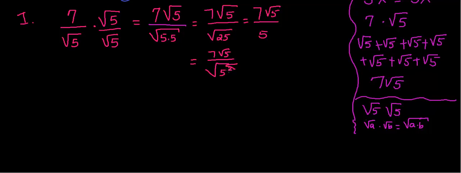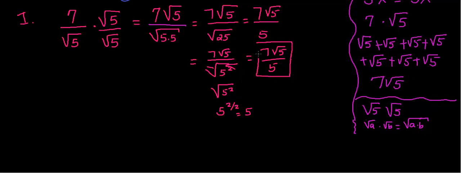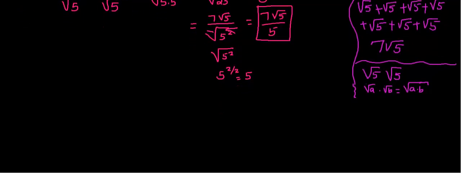And then this cancels out with the index, and you get 7 square root of 5 over 5, because remember that square root of 5 squared is the same thing as 5 to the 2/2, which is equal to 5. So you could do this or do this. It's the same thing. You still get the same answer. And we've rationalized the denominator. Okay? Now I'm going to do another example.